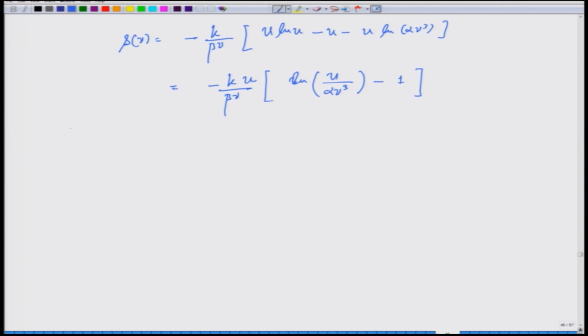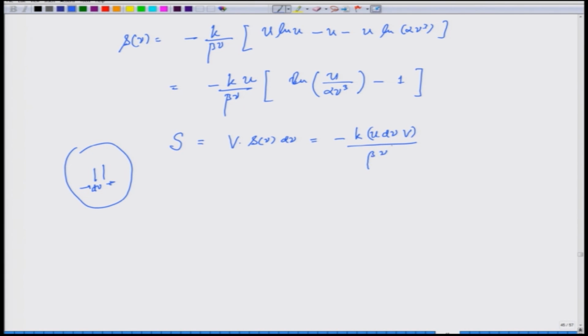So, now I consider in this cavity a small interval of d nu. The entropy of the entire cavity is going to be volume times s nu d nu, which I can write as minus k u d nu times V over beta nu, log of u over alpha nu cubed minus 1. Now, notice that u d nu times V is the energy contained between nu and nu plus d nu.